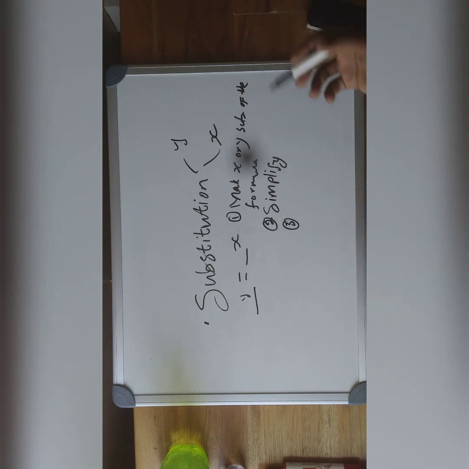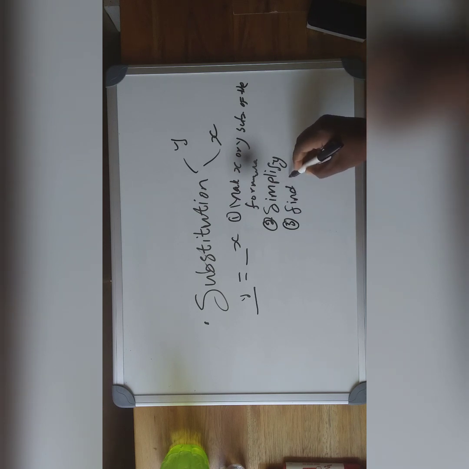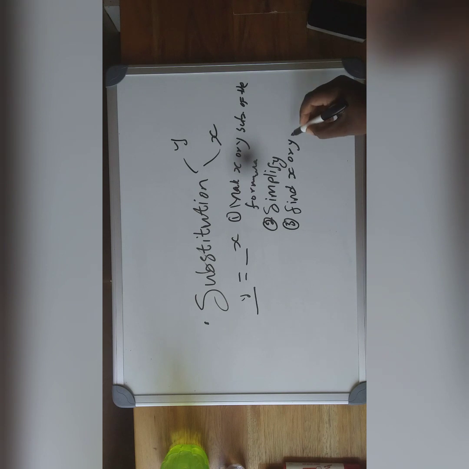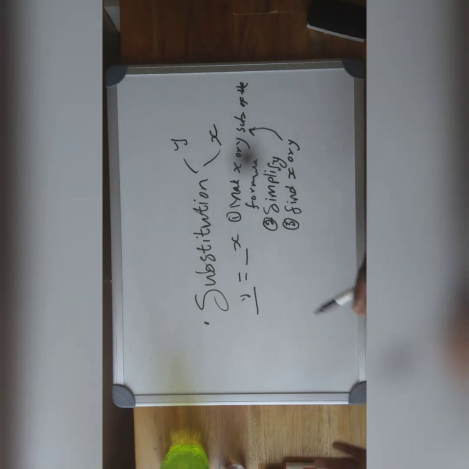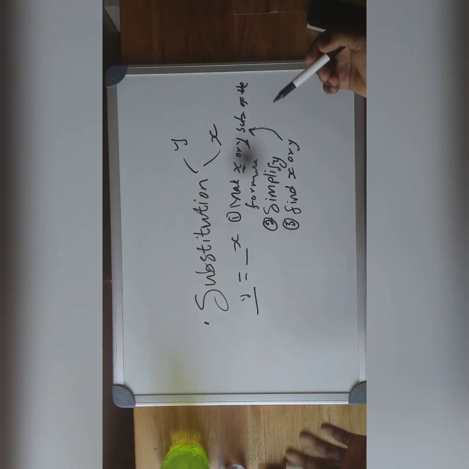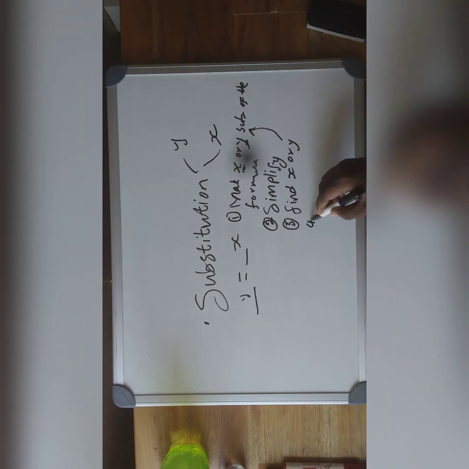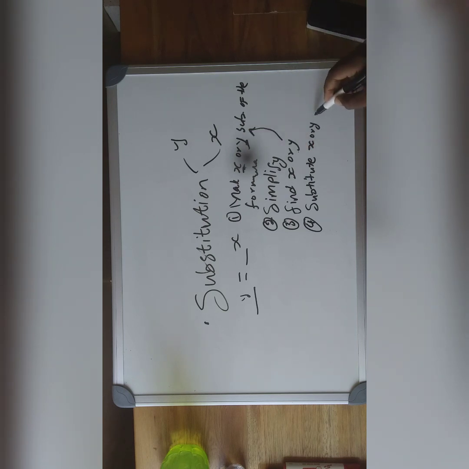So after everything, just find x or y. I'm just saying find x or y depending on what you chose here. You're just solving everything. Then after that, if you chose y, then you find y. If you chose x, then you find x. Then after everything, number four, you substitute the value of x or y that you chose into the first equation.